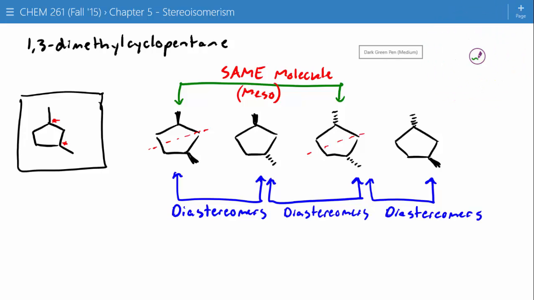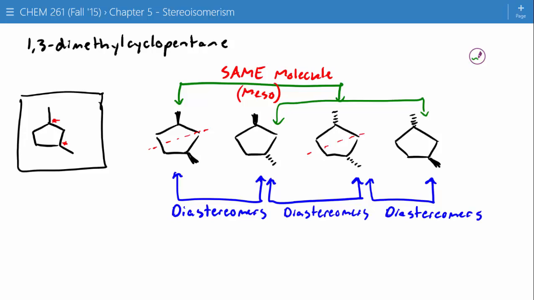What about these two? Are these meso? No, they don't have an internal plane of symmetry. The only reason the first one and the third one did was we had two of those methyl groups pointing on the same side. If we have them pointed on opposite sides, they're no longer the same molecule.